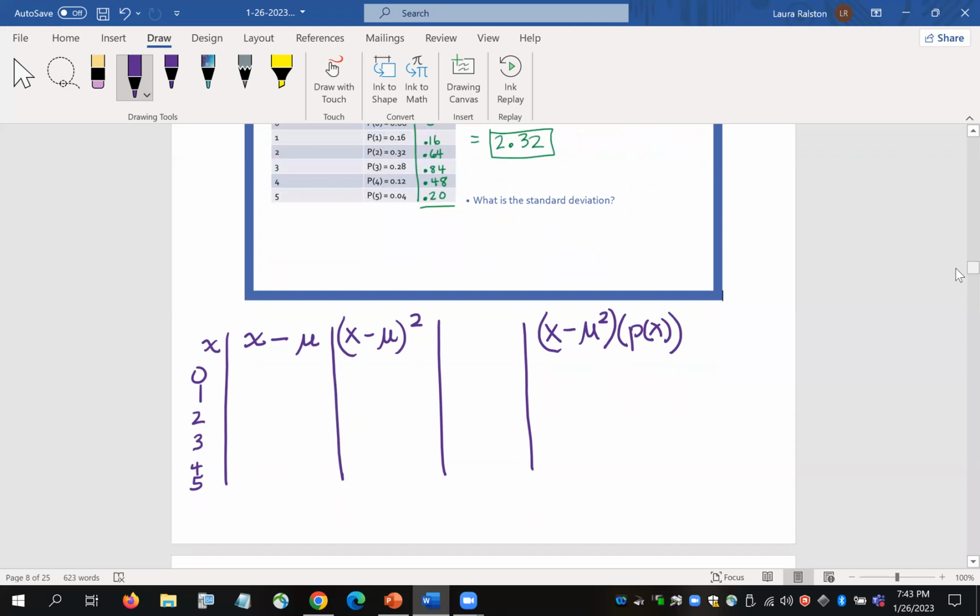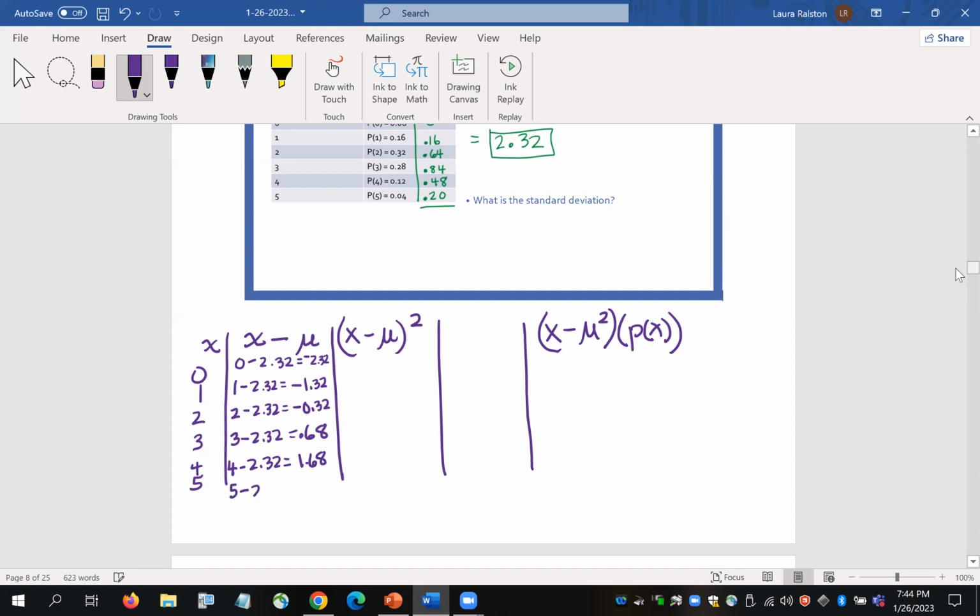Well, the mean was 2.32, so I've got to do 0 minus 2.32, which gives me negative 2.32. 1 minus 2.32 is going to be negative 1.32. 2 minus 2.32 is going to be negative 0.32. 3 minus 2.32 is 0.68. 4 minus 2.32 is 1.68.